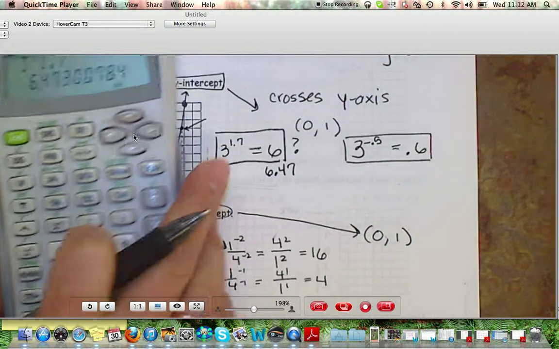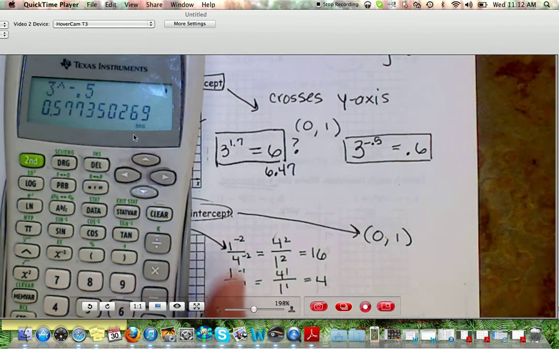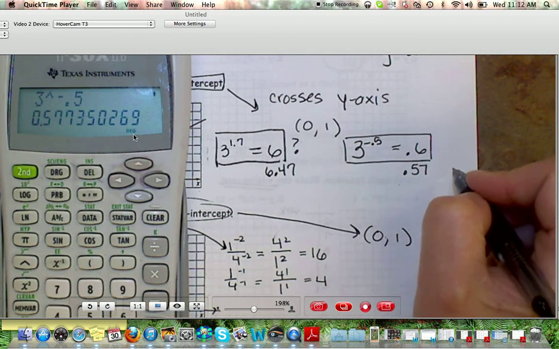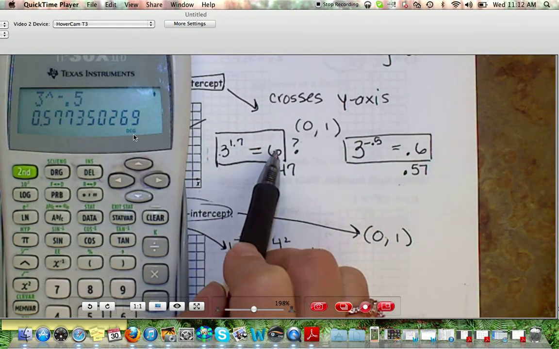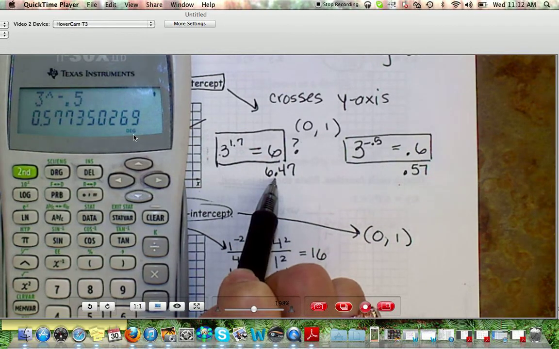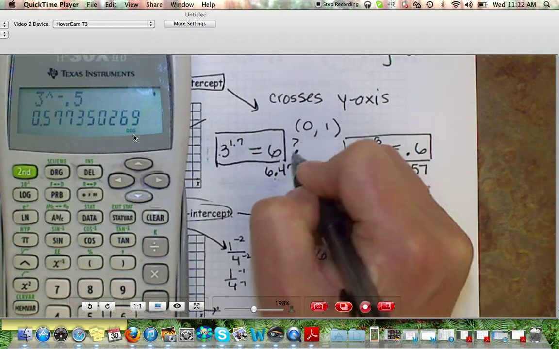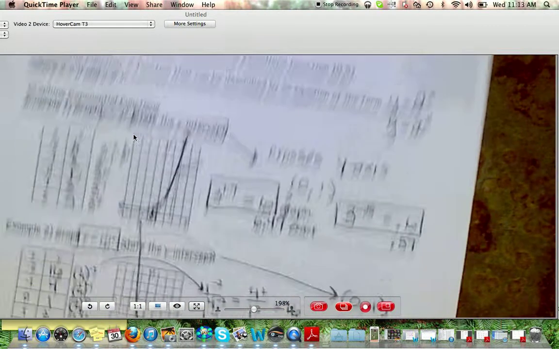And if I put that in my calculator, again, 3, raise it to the -0.5, gives me 0.57. I was pretty close on that one. Okay, so give me your estimate based on your graph, and then plug it into your calculator and find the exact amount. This is the exact. This is the graph. So that's what you're going to be doing for those other pieces.